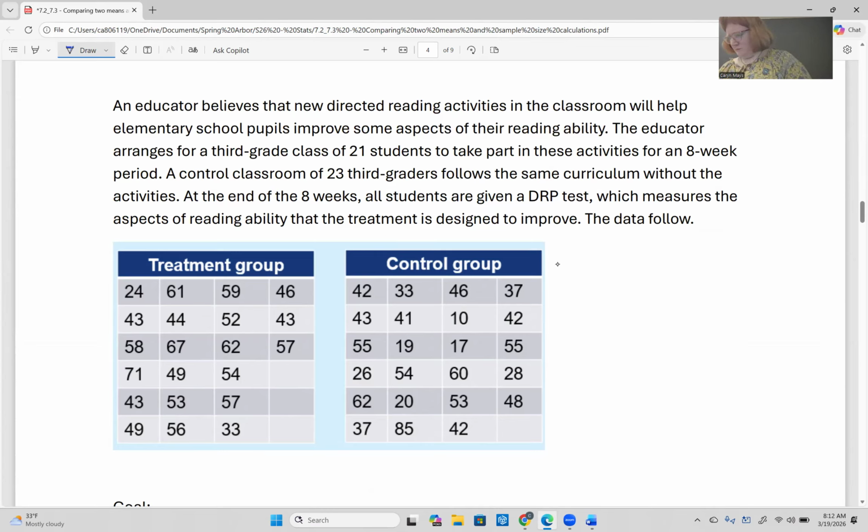So I'm going to call them X bar T and X bar C. And then we'd also need ST, the standard deviation of our treatment group, and the standard deviation of our control group.